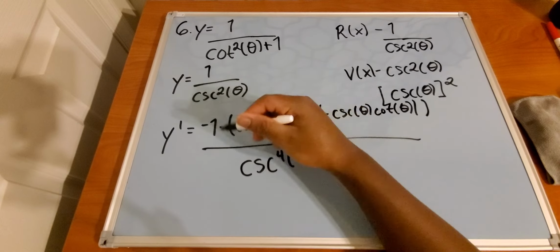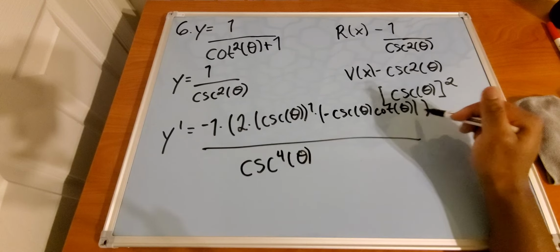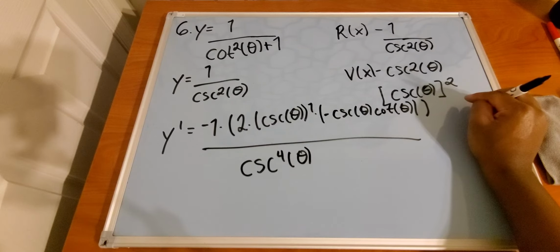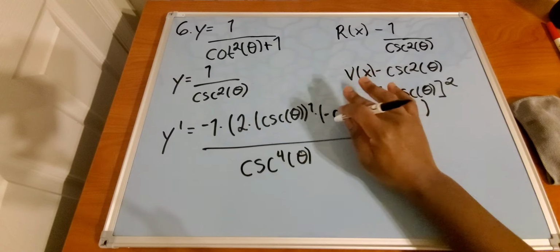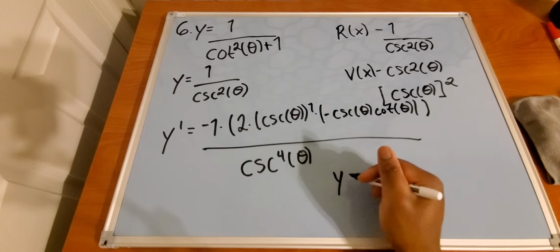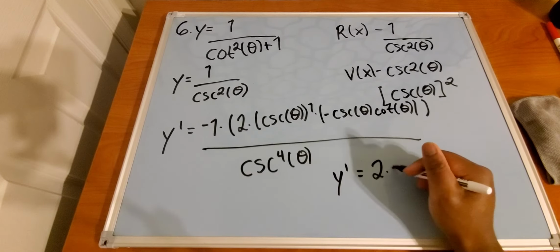Let me check my parentheses. 1, 2, those finish. 1, 1. Yep, okay. So let's cancel off some cosecant thetas, and that's really all we can do. I'm going to distribute out this -1 with this -1, and we're going to get rid of some cosecant thetas. So we'll say our final answer is 2 times cotangent theta.